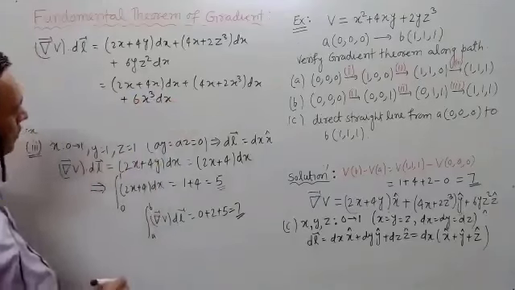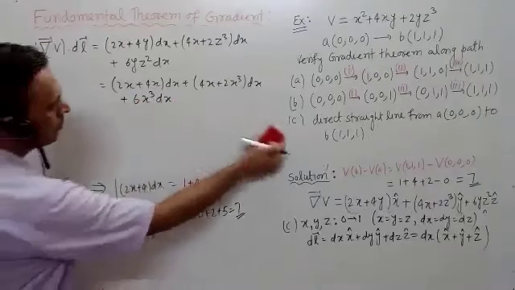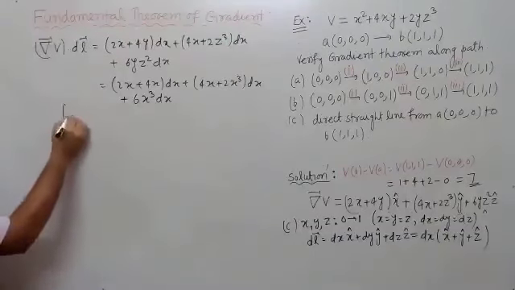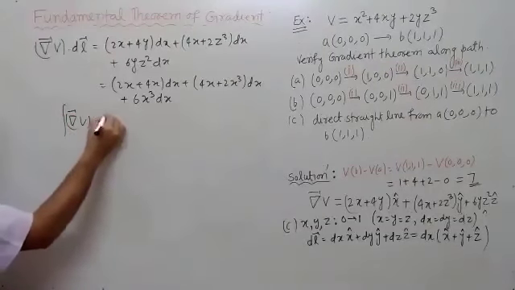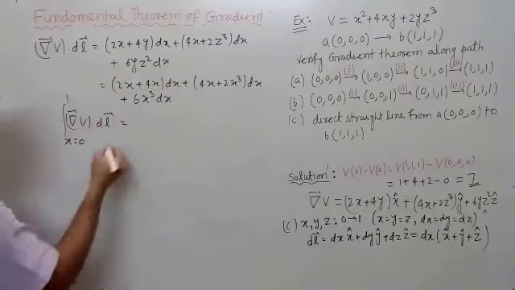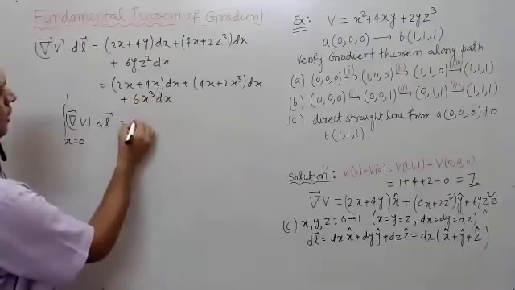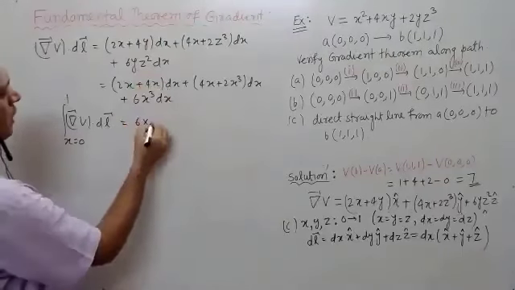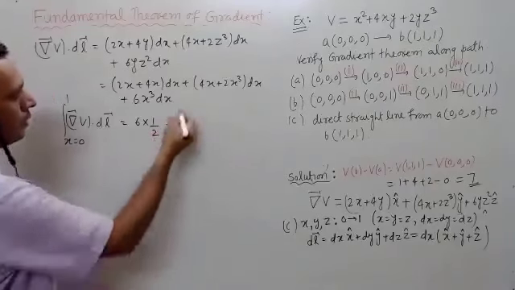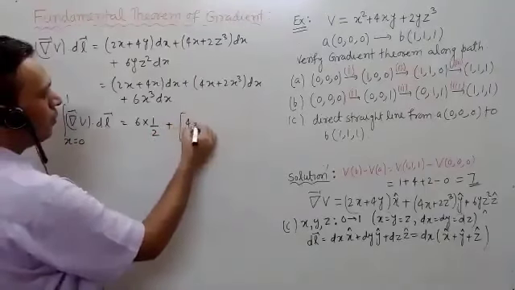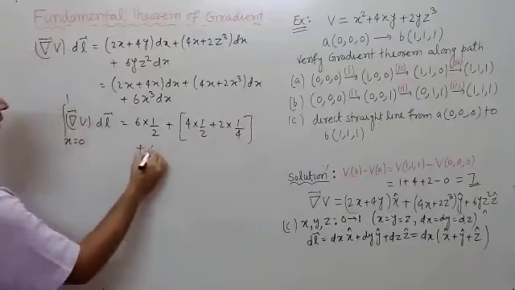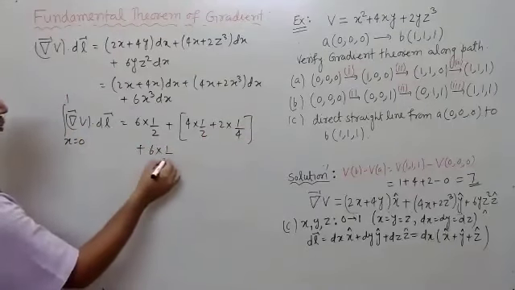So let us calculate these values. If you integrate this gradient v dot dl with respect to x from 0 to 1, the 6x term will give you 6 x square by 2, so 1 by 2, plus 4 into 1 by 2, plus 2 into 1 by 4, plus 6 into x cube by 4.